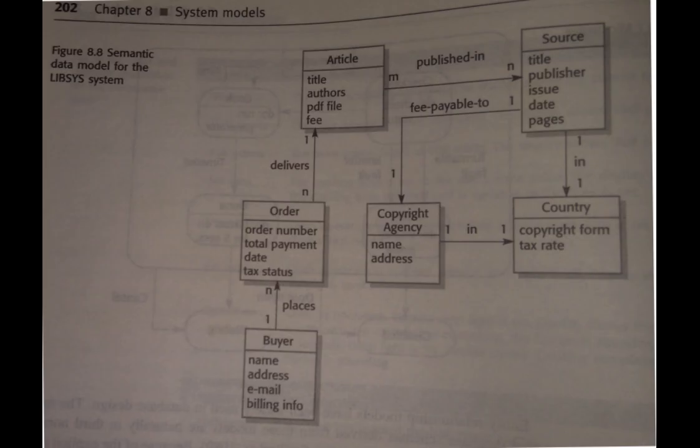Now, in the library system, the same activity can be represented in the object-oriented model with a class diagram like this. The various classes article, source, order, copyright, country, buyer, with the details of each of these, are represented.